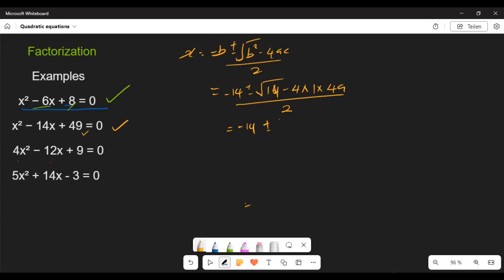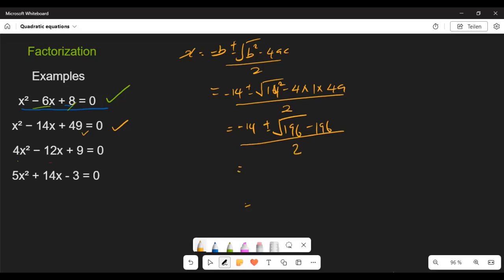The funny thing is that 14 squared is 196, but 4 times 49 is also 196. So we have 196 minus 196 under the square root, all over 2.